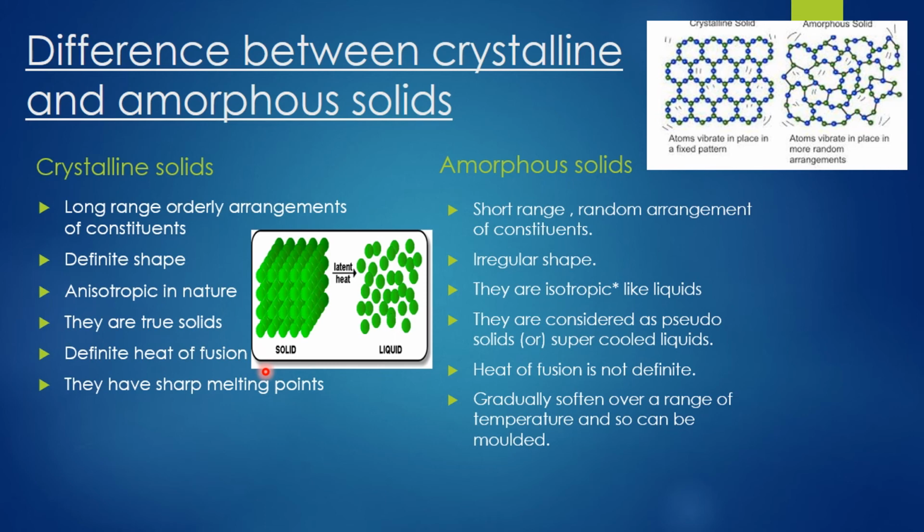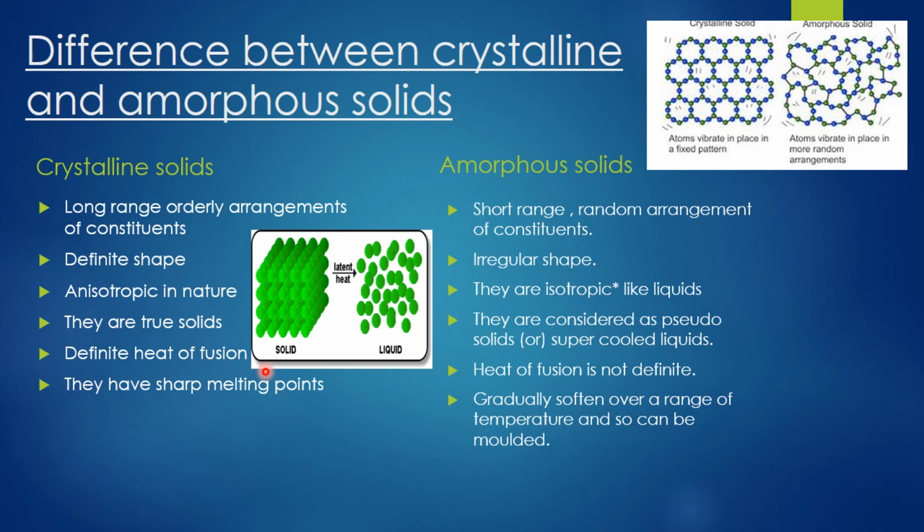But when you come to the amorphous solid, it does not have a sharp melting point. When you heat an amorphous solid, it first starts to soften over a range of temperature. As the temperature increases, it softens and then becomes pliable.